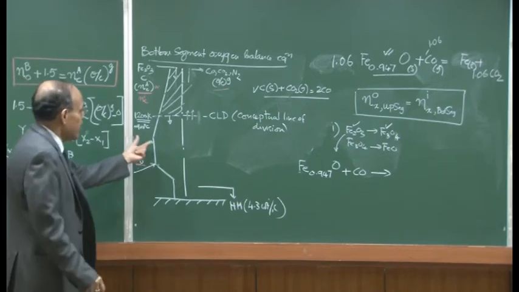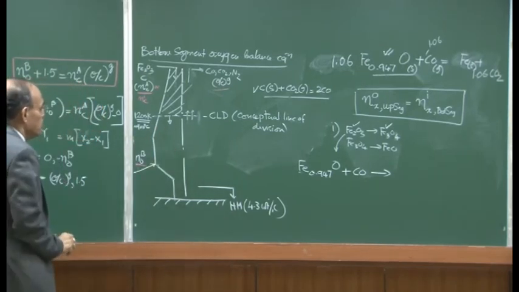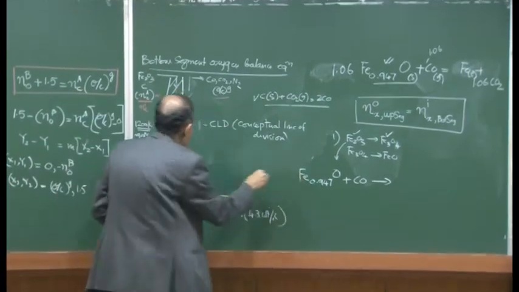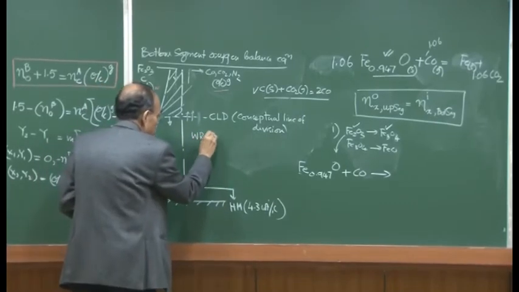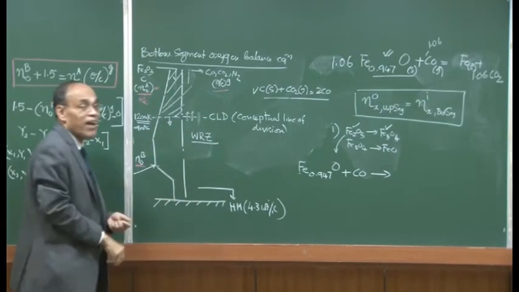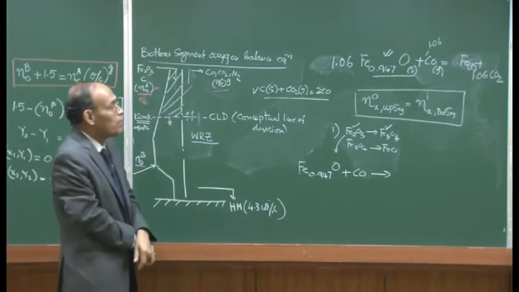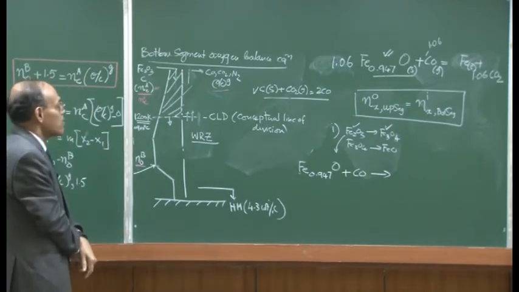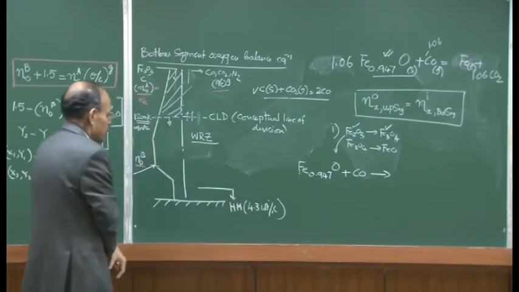Below this line, the bottom segment is also termed the Oostheid reduction zone. So, I can write the bottom segment oxygen balance equation, or the Oostheid reduction zone oxygen balance equation, that is also possible.